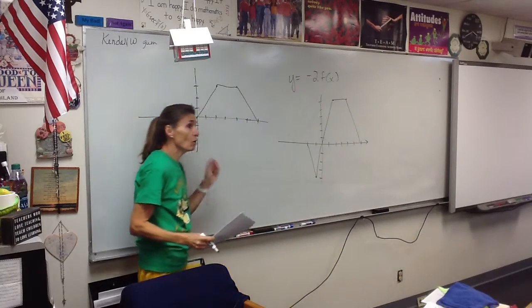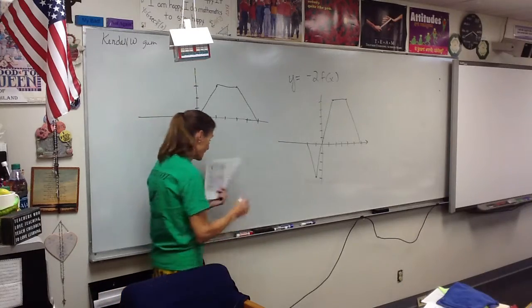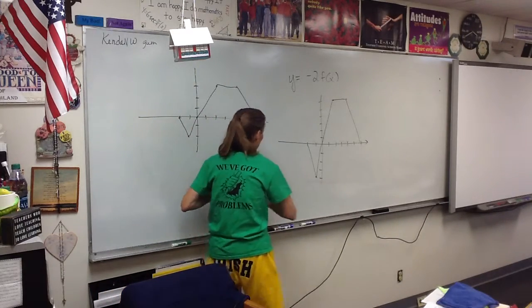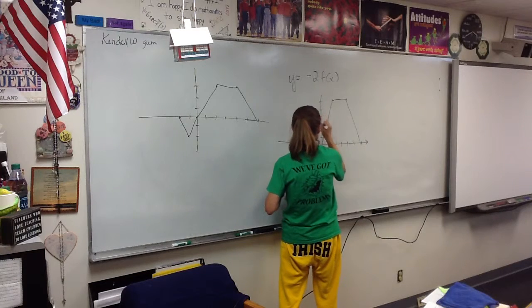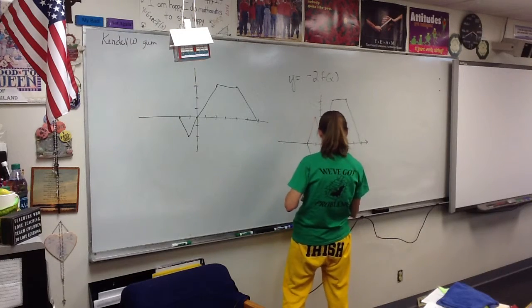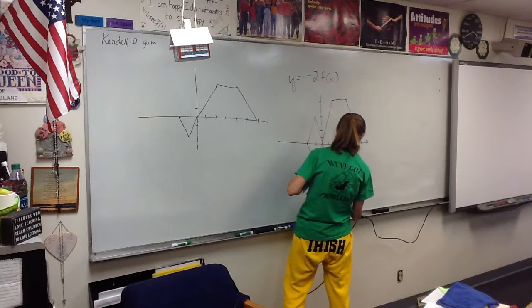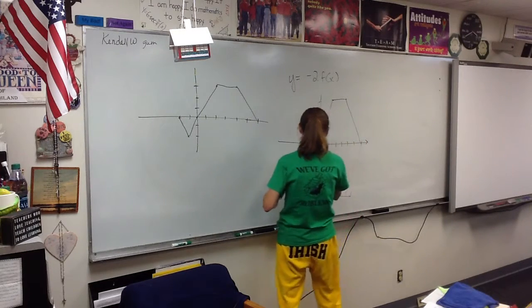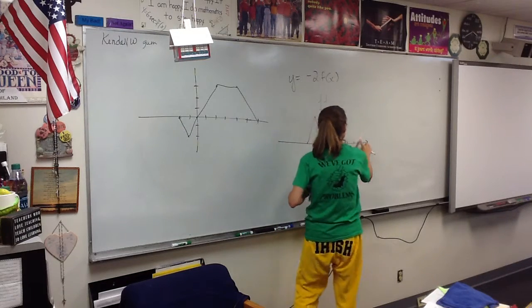Are you following along? Now we have to turn it upside down. Now some of you can probably do that in one step. I can't, so I do it in 2. Get rid of the black. The red is the answer.